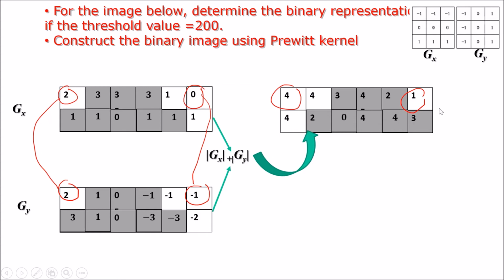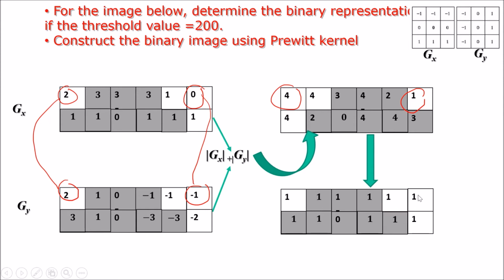So finally, once you have calculated the whole gradient magnitude, the final part is to determine which location will become an edge or edgel. In this case, it depends on the threshold value. But for this case, we just simply say that every value that is not 0 is actually an edge or edgel. Whatever location has a value that is not 0 will be marked as 1, and 0 belongs to the area that is not an edgel.